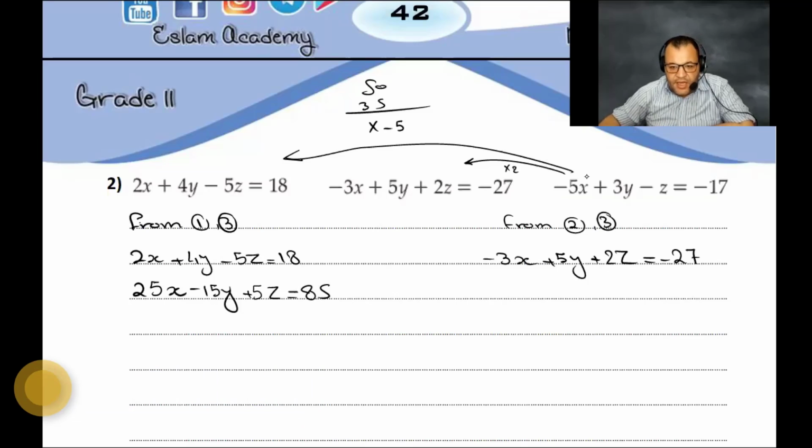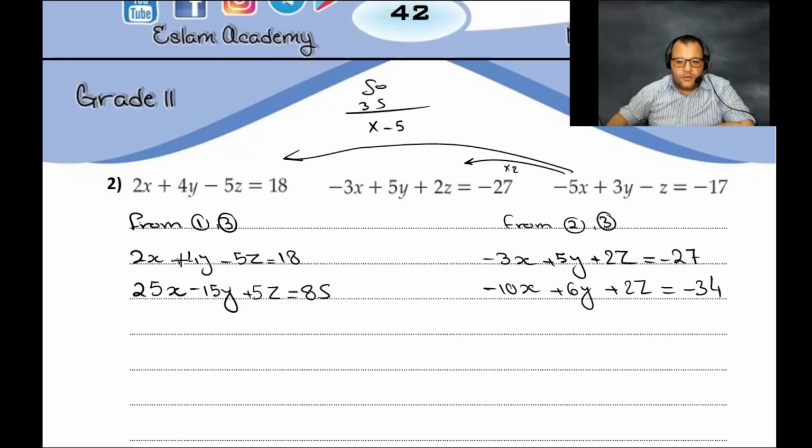And multiply equation number 3 by 2, so it will be negative 10x plus 6y plus 2z equals negative 34.